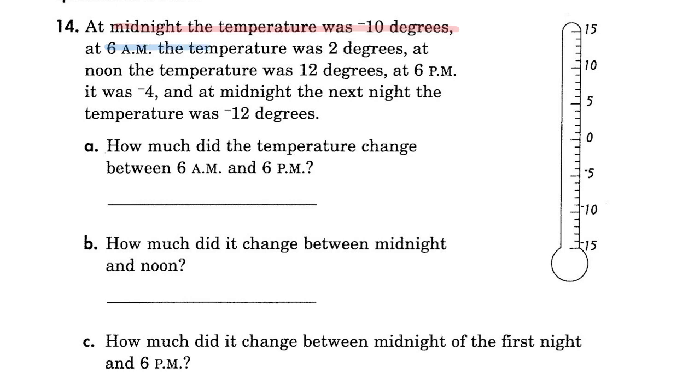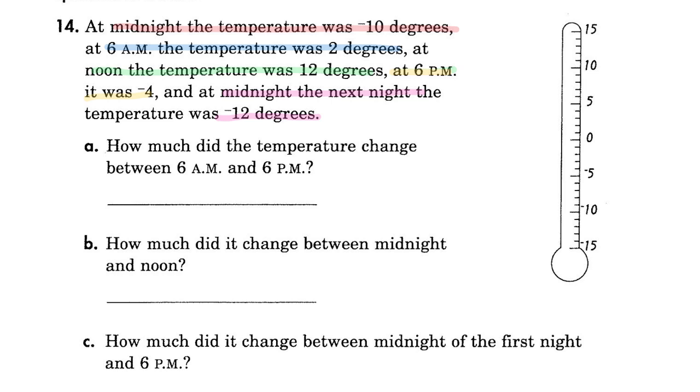At 6 a.m., it was 2 degrees. At noon, the temperature was 12 degrees. At 6 p.m., the temperature was -4. And at midnight the next night, it was 12 degrees.